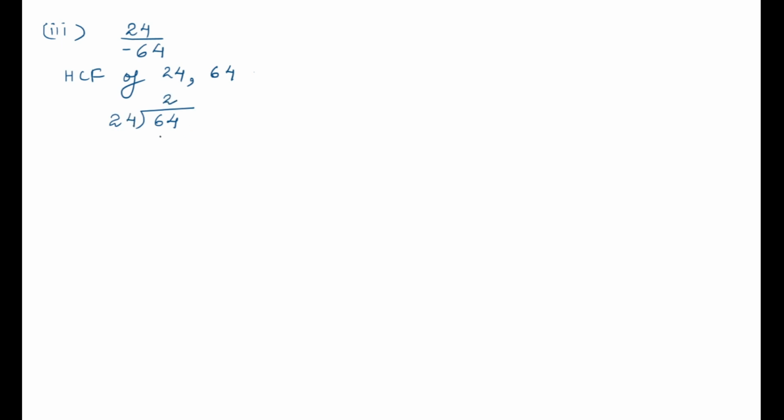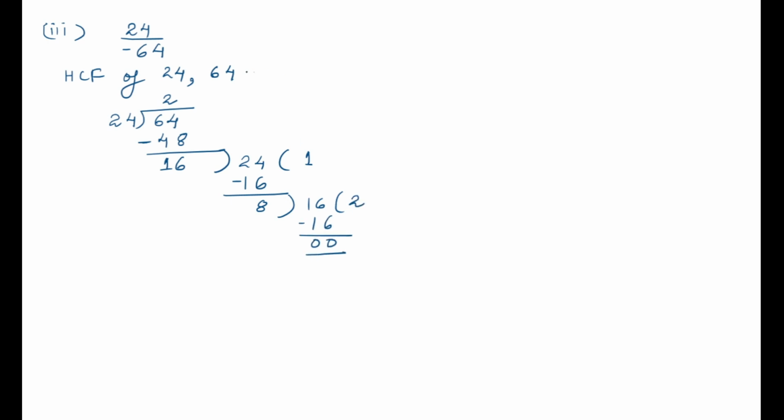So 2 times I get here 48. You get here 1 and 6. Keep on dividing. You get here 24. So 1 time it is 16. On subtracting, you get 8. 16 comes here now. 2 times you get here 16.